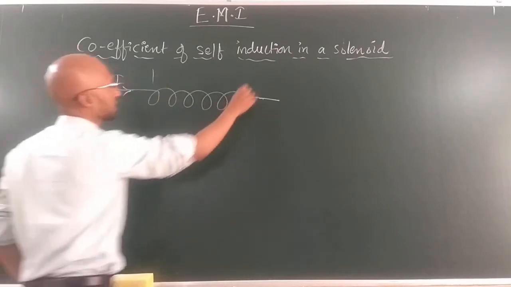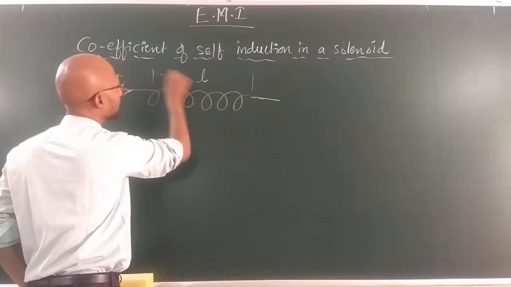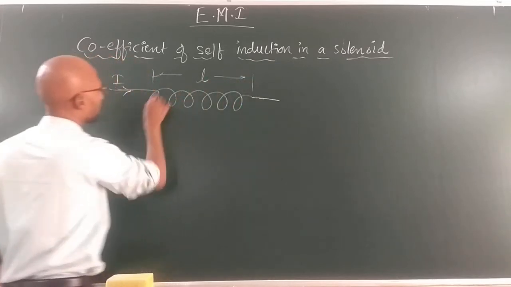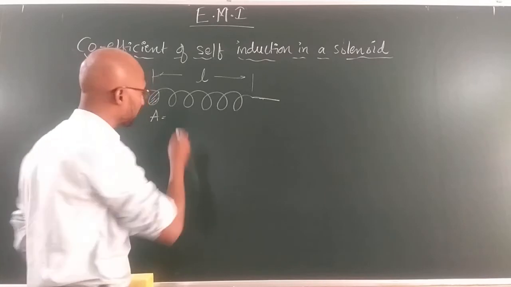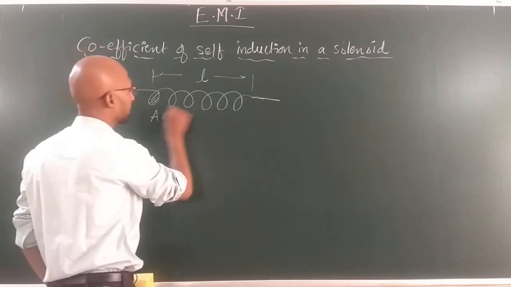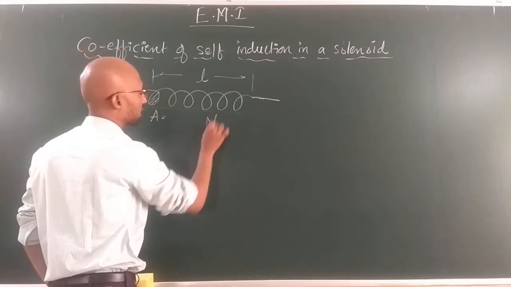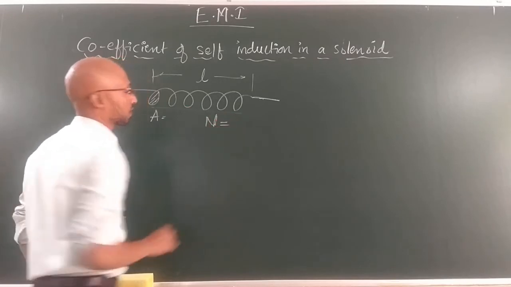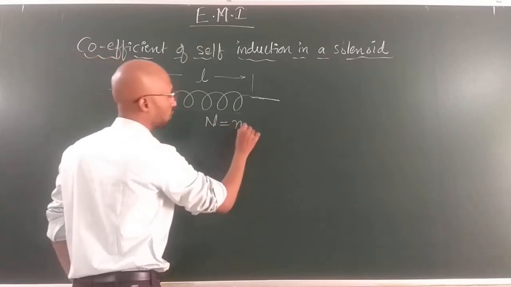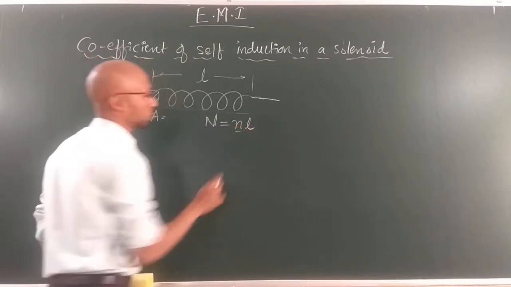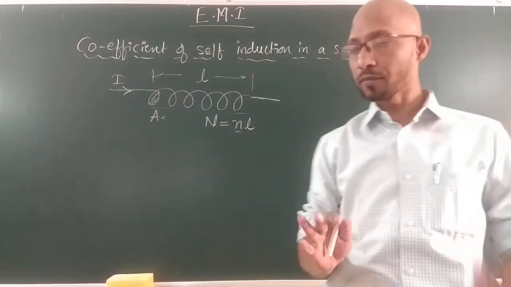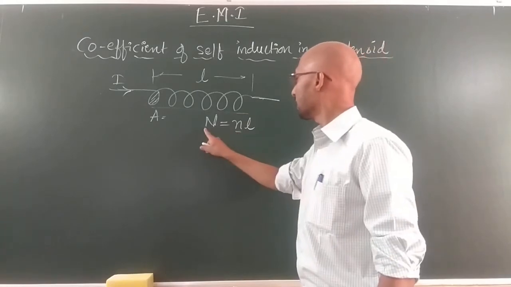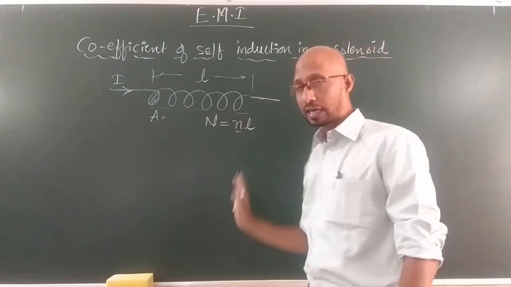This inductor has length L and cross-sectional area A. In this coil there are a total of N turns. What is the small n? The total number of turns per unit length, where L is the length of the coil. N is the total number of turns in the inductor.